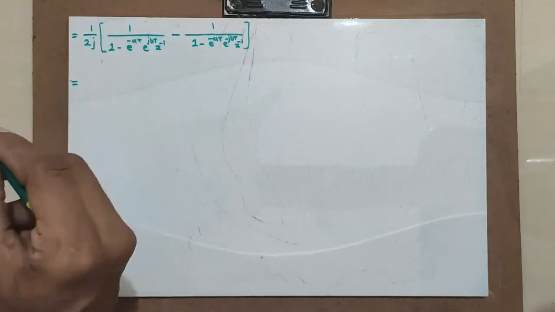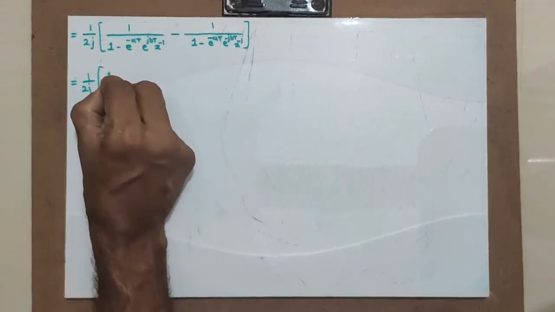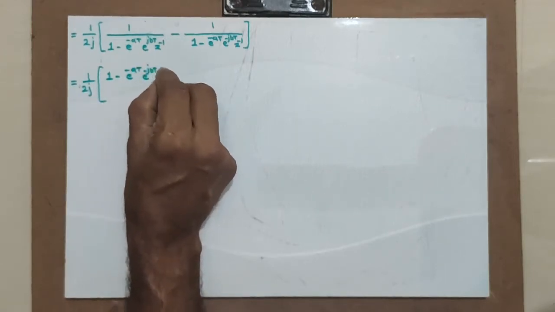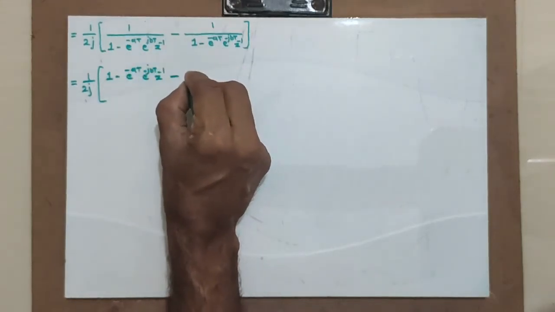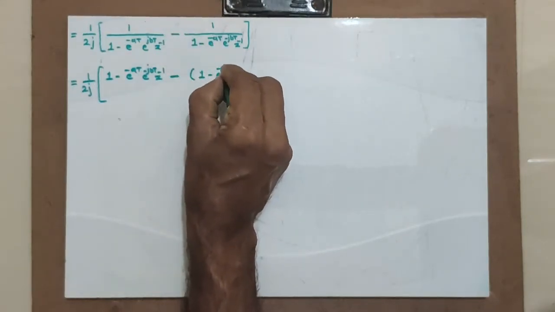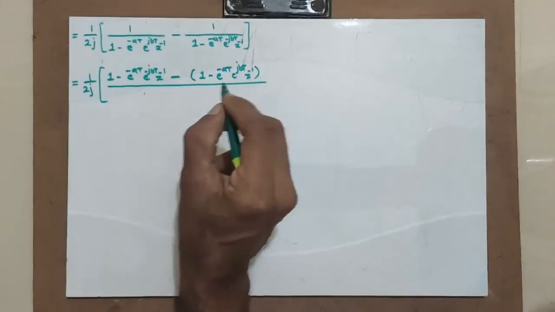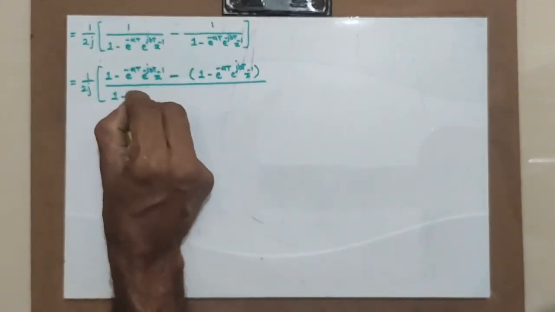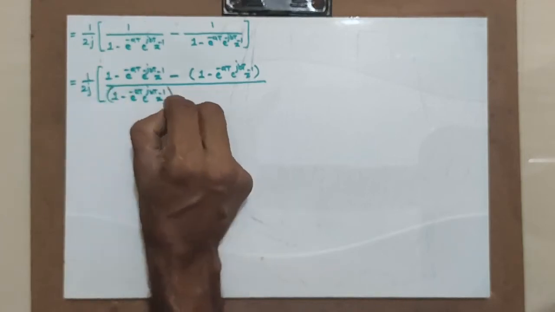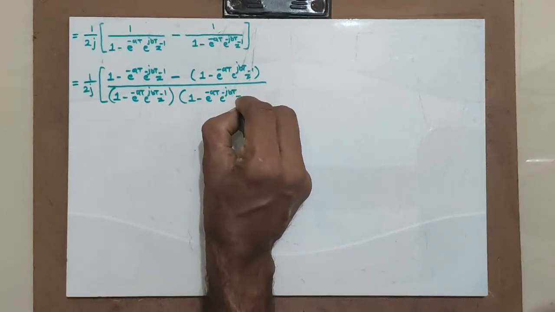Now as I told you, cross multiplying and simplifying: 1 over 2j, this comes here, 1 minus e raised to minus aT, e raised to minus jbT, z raised to minus 1, minus, this comes here, hence I will put a bracket because the minus sign is there, 1 minus e raised to minus aT, e raised to jbT, z raised to minus 1, whole divided by multiplying this, 1 minus e raised to minus aT, e raised to jbT, z raised to minus 1, multiplied by 1 minus e raised to minus aT, e raised to minus jbT, z raised to minus 1.